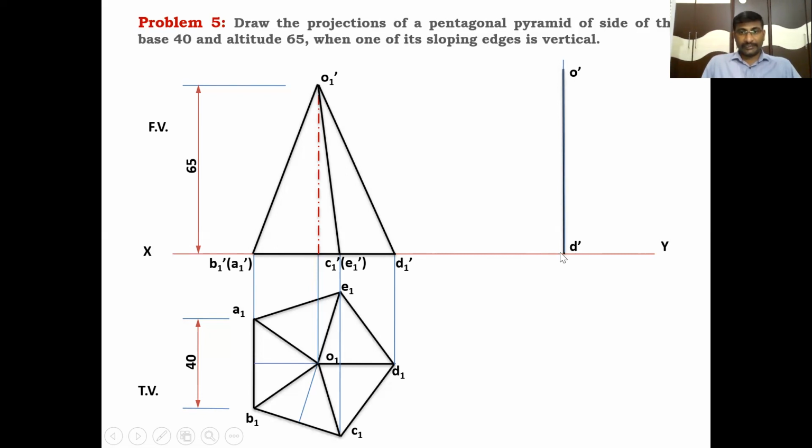After getting O dash and D dash, you have to locate the other corners of the base. How to locate this corner?